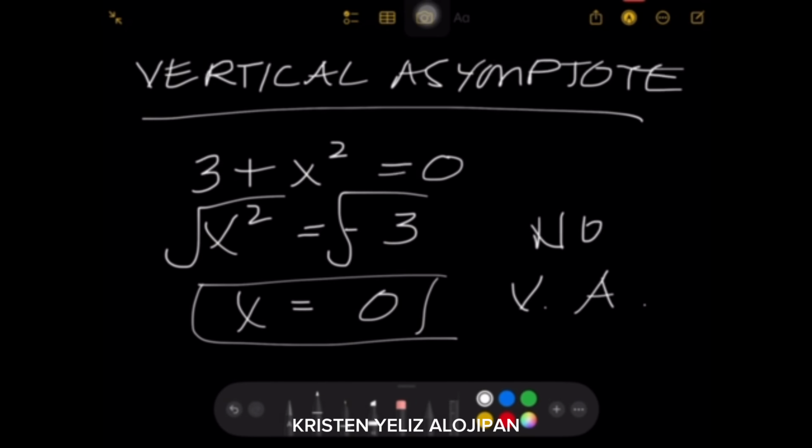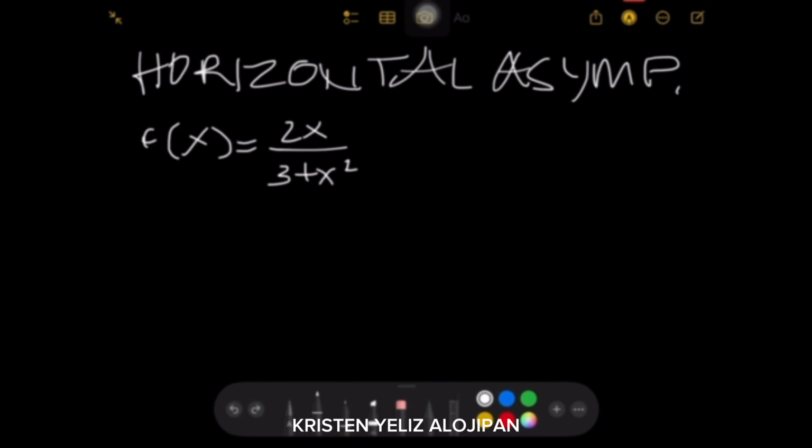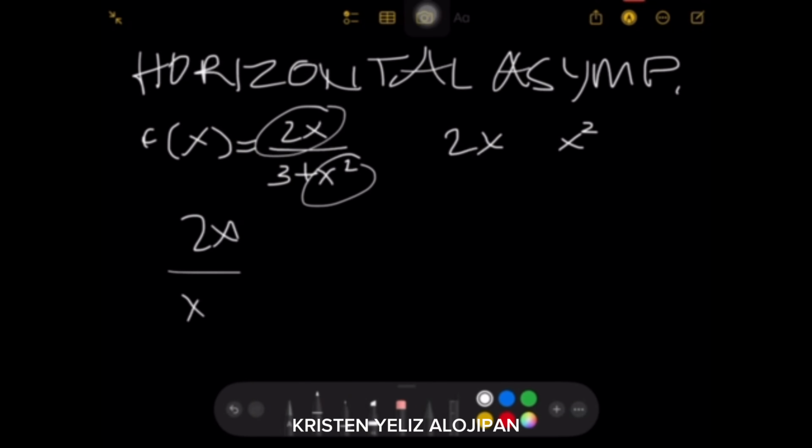Next, we have to solve for the horizontal asymptote. For the horizontal asymptote, we have to look at the terms with the x's, and we're going to divide since the denominator has a higher exponent.